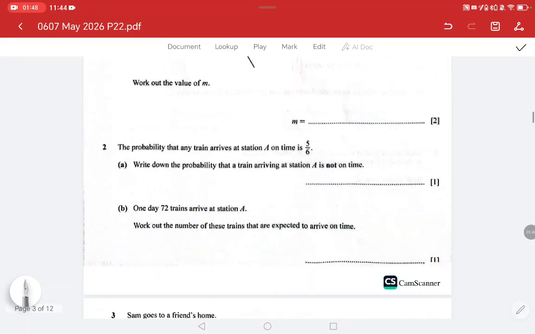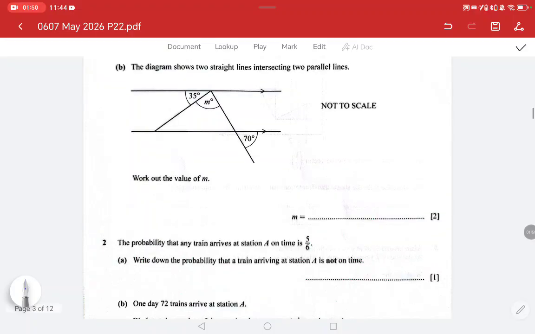Question B. The diagram shows two straight lines intersecting two parallel lines, and work out the value of m.